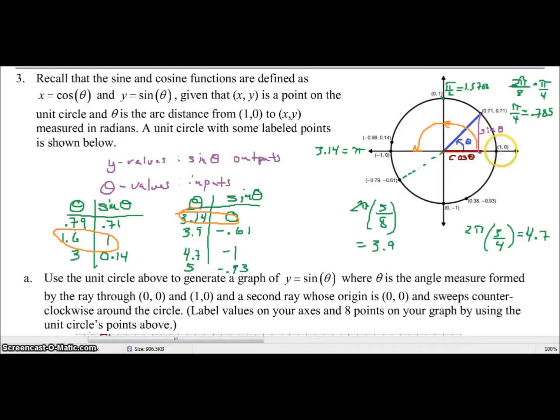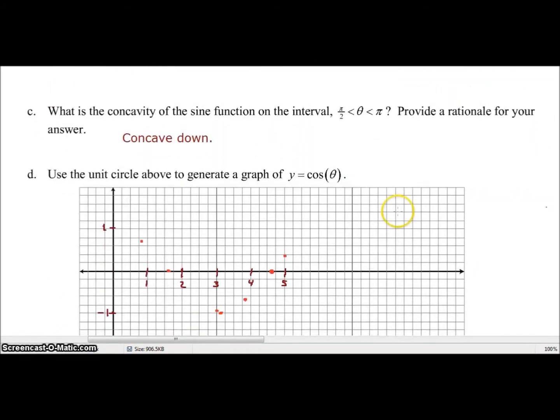When theta is 0, the horizontal distance would be 1. So at 0, we're actually starting at 1. Then we have a nice cosine graph that looks something like this. And then that would just keep going. Periodic function, meaning it repeats, it has a period. And we could go the same direction the other way. Same sort of shape.